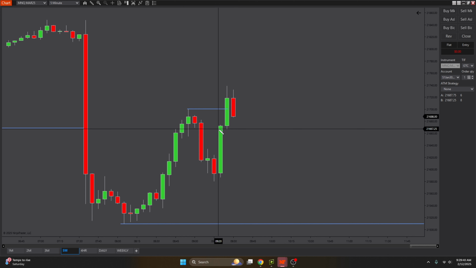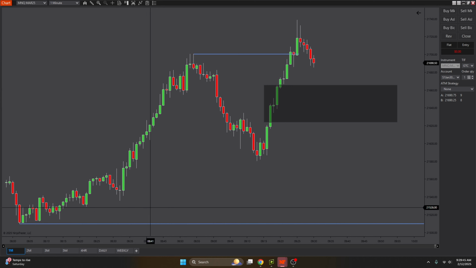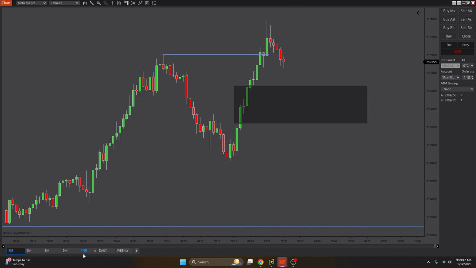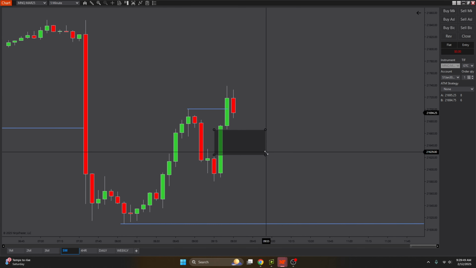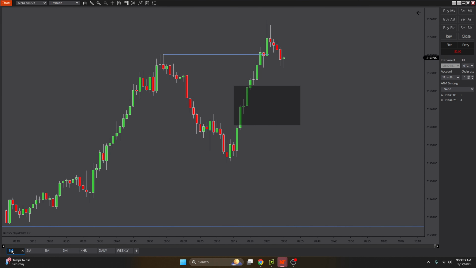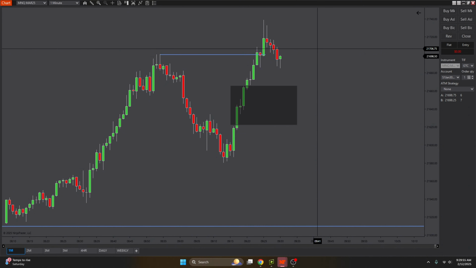Again, we do have this fair value gap right here. Price could want to draw to that. See, I was just kind of messing around here. So we just took this intermediate low right here.